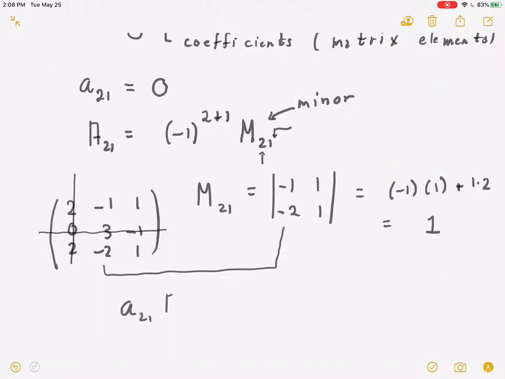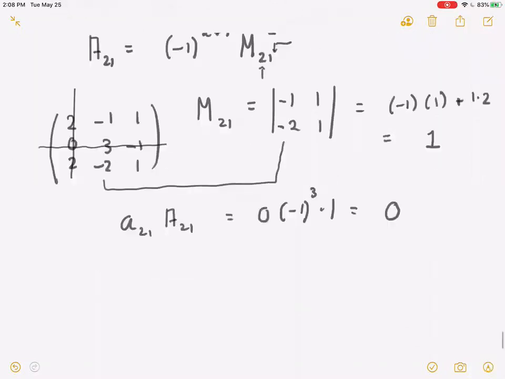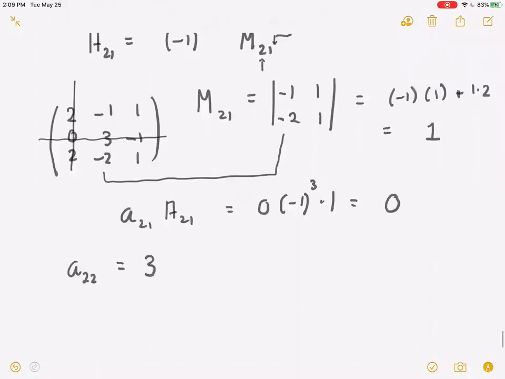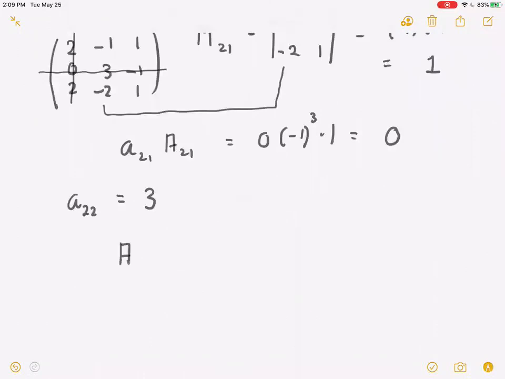The first term is simply 0 times minus 1 raised to 3 times 1. And so there's no contribution from the first term. Second term in this expansion, A sub 2,2, by inspection is just 3. So the cofactor A sub 2,2 is in fact minus 1, this is just the definition of the cofactor, raised to the 2 plus 2 power times the minor M sub 2,2.